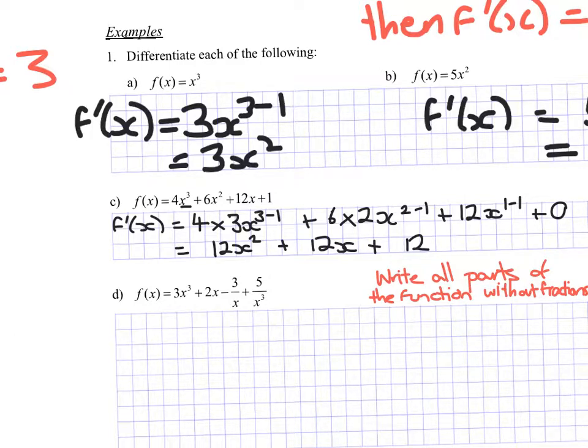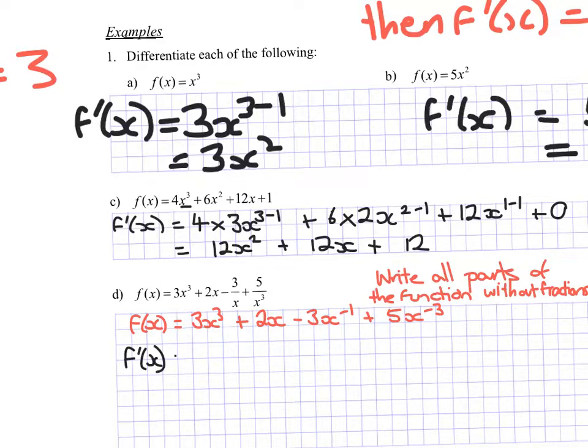So really important here, I'm not going to differentiate yet, so I'm just going to write this as f of x equals 3x cubed. Don't write f dash of x because you're not differentiating, you're just writing it in a different format. 3x cubed plus 2x, take 3 over x, so that's 3x to the negative 1, plus 5x to the negative 3. All right, so I've done f of x, I've just written it in a different format.